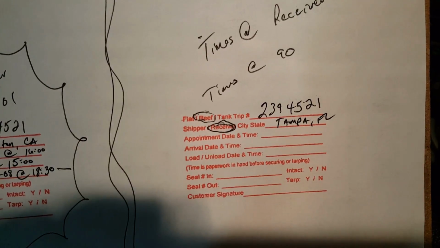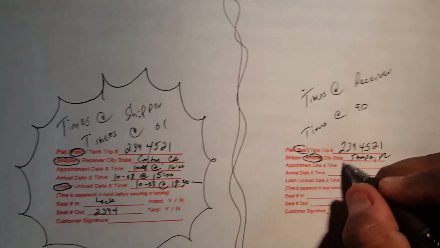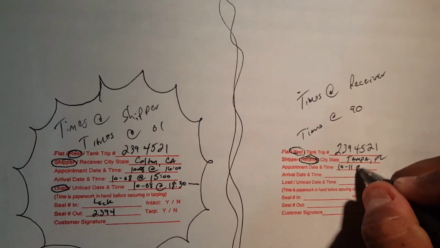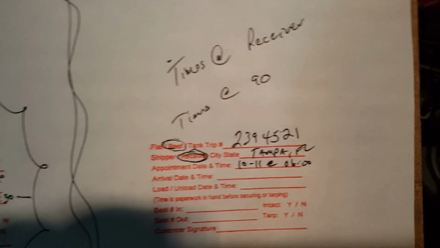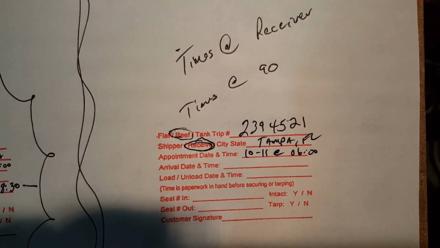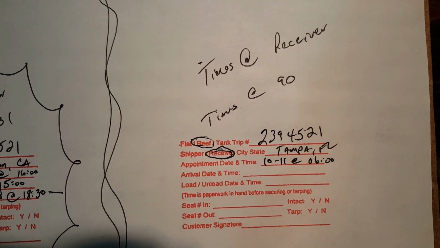All right. And then the appointment time that we had, we are going to say it was 10/11 at 0600. So whatever time Prime gave you, that's the time you put on there. What time did we arrive is the next question.